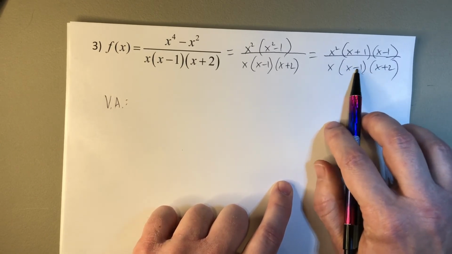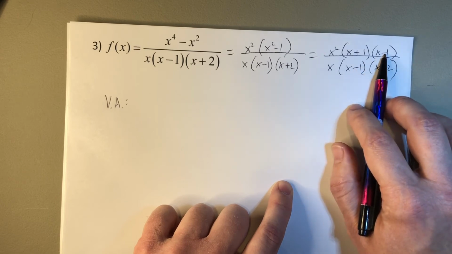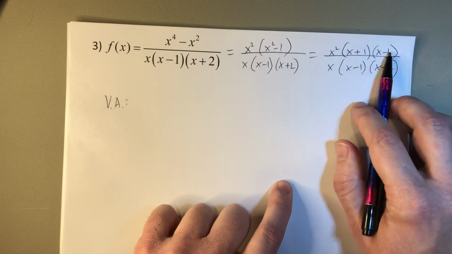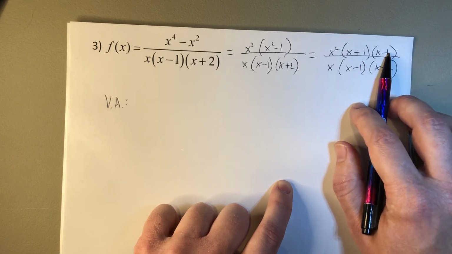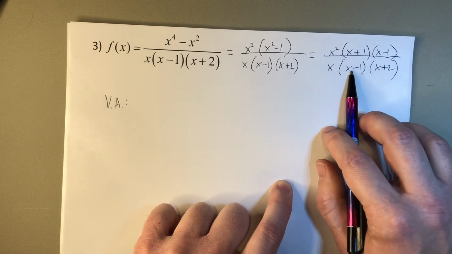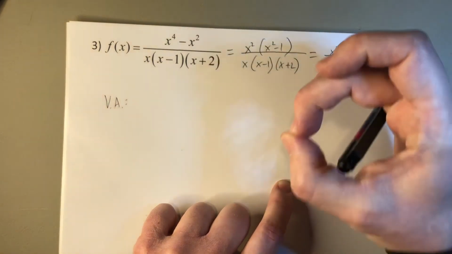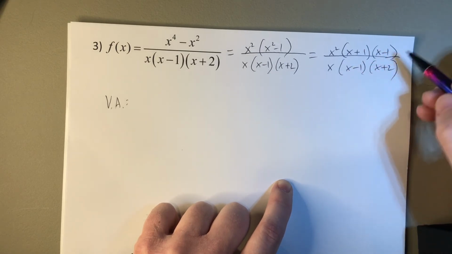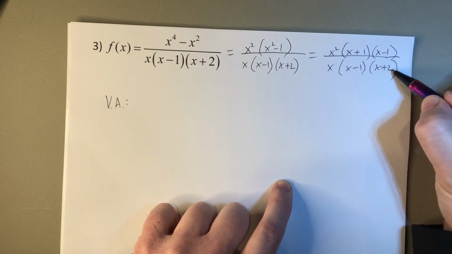You have an x minus 1. Does this factor repeat on top? It sure does. Because this factor is repeating on the top, it will not produce a vertical asymptote. Instead, both of these would actually create a hole in the graph of the function, but I'm not going to make you worry about that. Okay, moving to the final factor that occurs in the denominator, x plus 2.